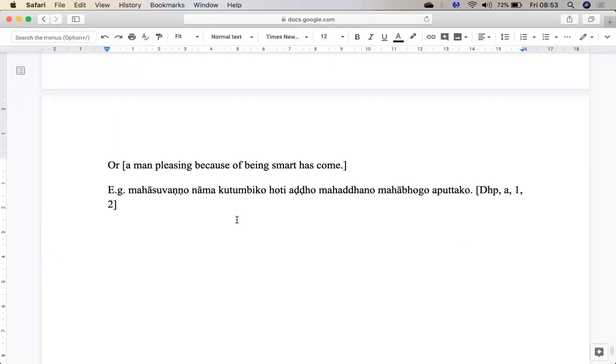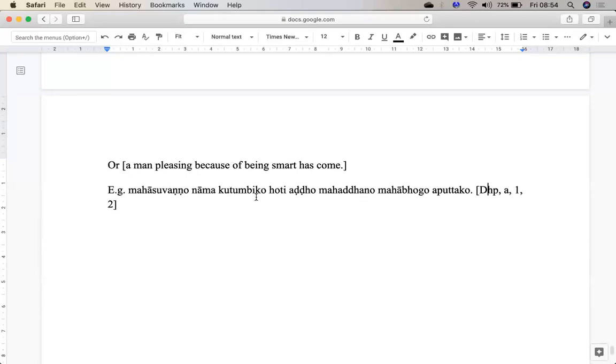So in the second example also: Mahasuvano nama kudombiko hosi, ado mahadano mahabogo abodako. Kudombiko is merchant or householder. So a householder is called Mahasuvano.